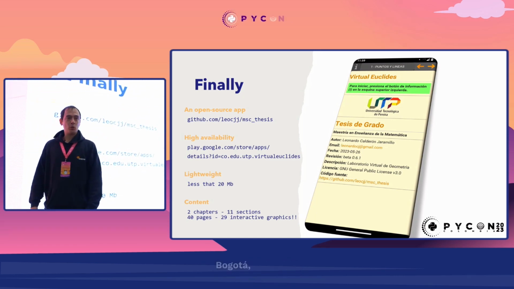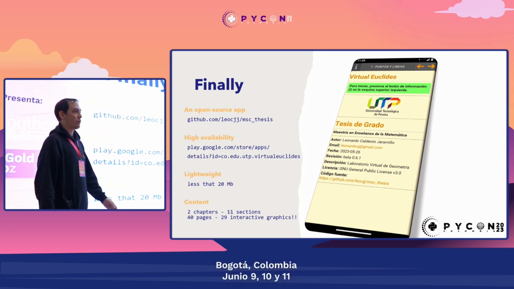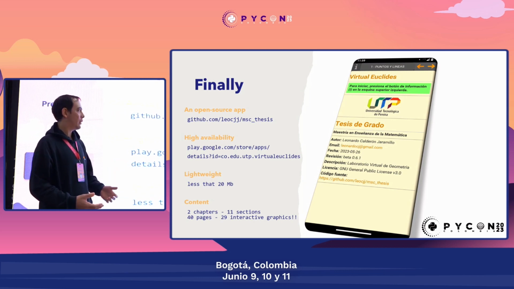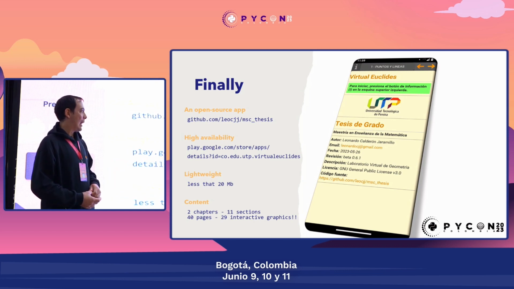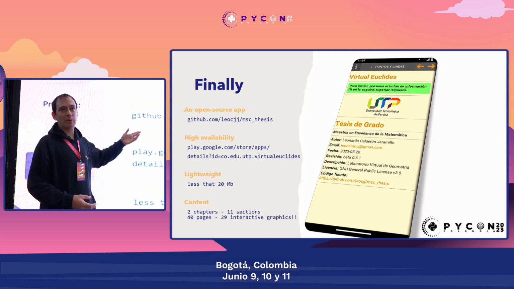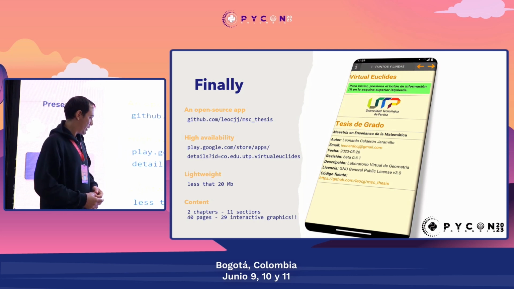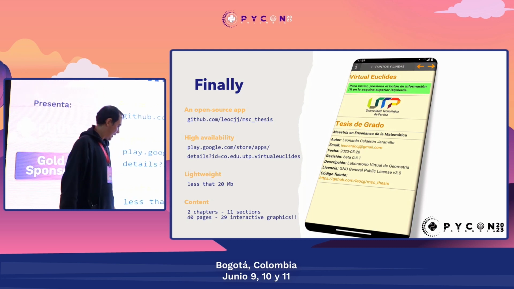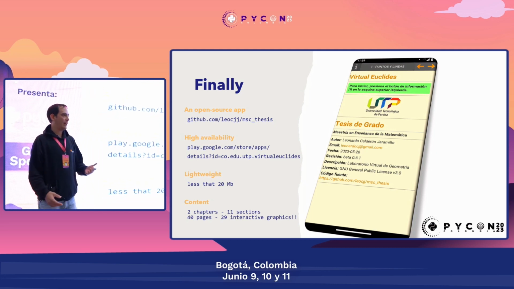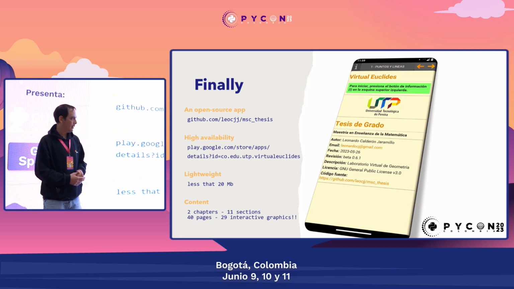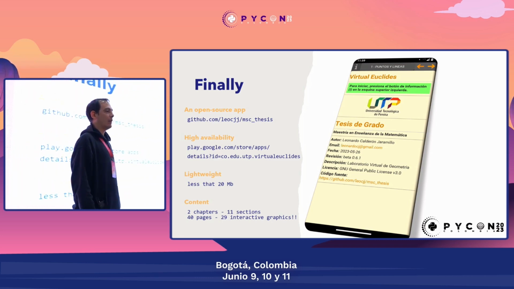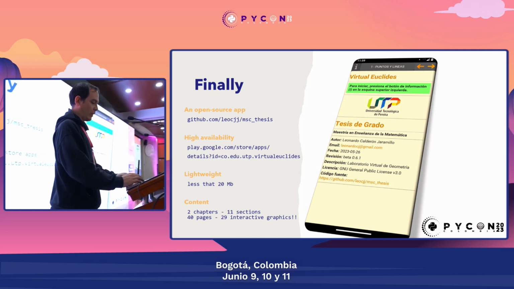So if you want to go to the repository, you can download it and build your own application. It's free, it's open source. And if you find some bugs, please let me know. I will really appreciate that. This first version has 29 interactive graphics that we are going to see.